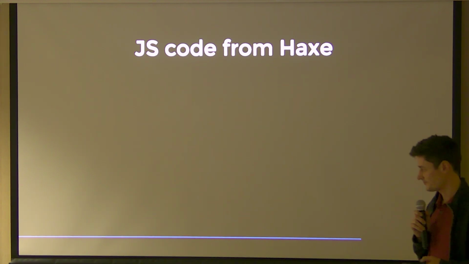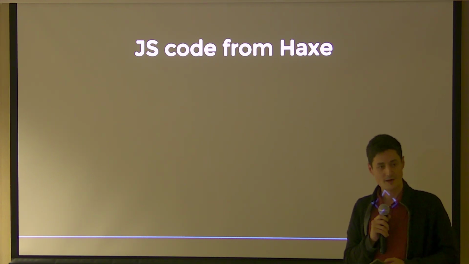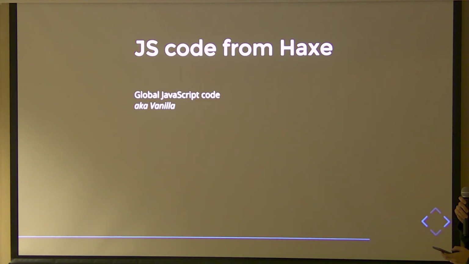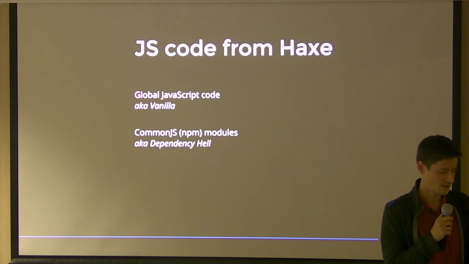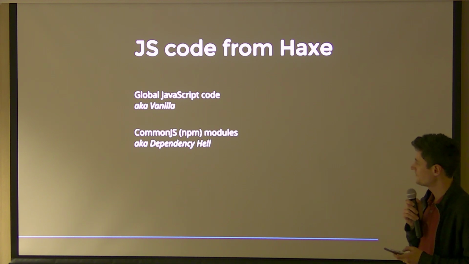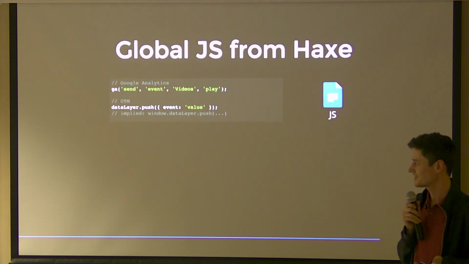So the next bit: how are we going to use JavaScript code from Haxe? Again, there are two cases. You may be consuming global JavaScript code, or you may be consuming NPM modules. Both will work.